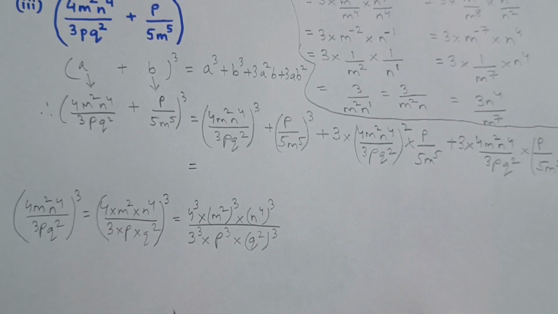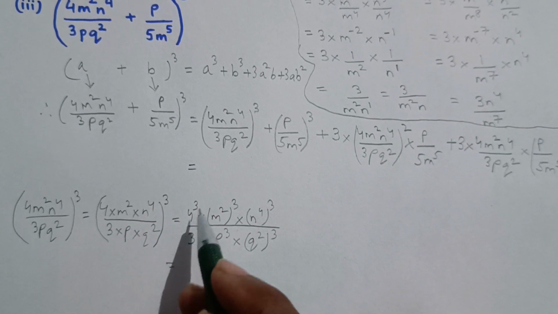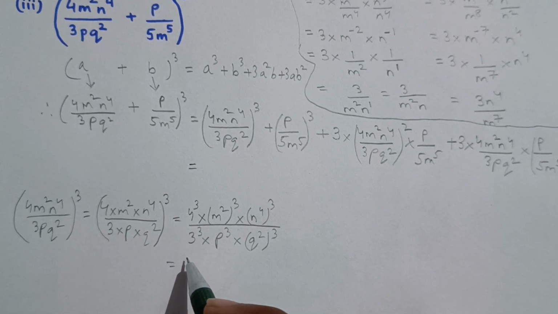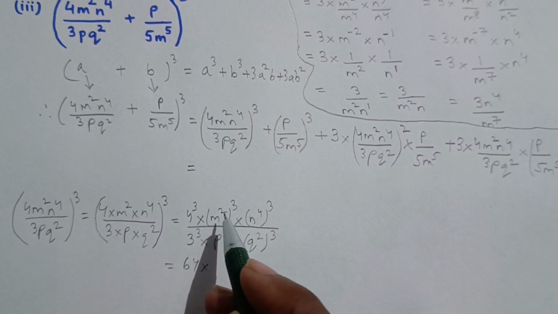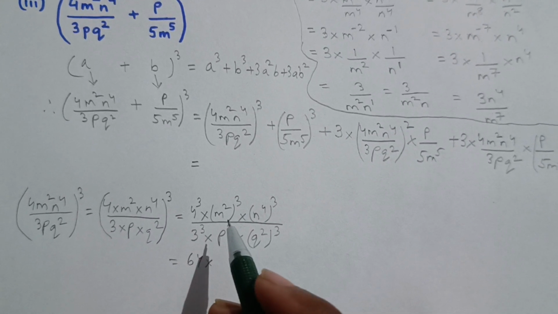And how much is that? So that will be 4 cube. 4 cube is 4 4s are 16, 16 4s are 64. So 64 into m square whole cube.